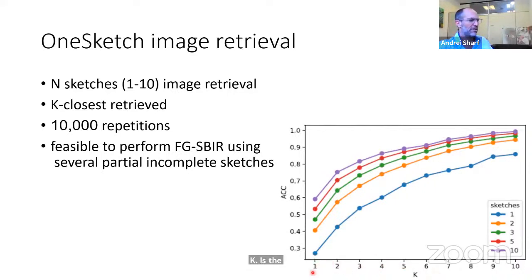So if we look at K number one, we try to be as accurate as the best retrieved shape. And if we are more tolerant, we allow 3 or 4 or 5 up to 10 best retrieved shapes. Then we see that our model always gives a retrieval that is one of the best 10 shapes, compared to other shape-based image retrieval.